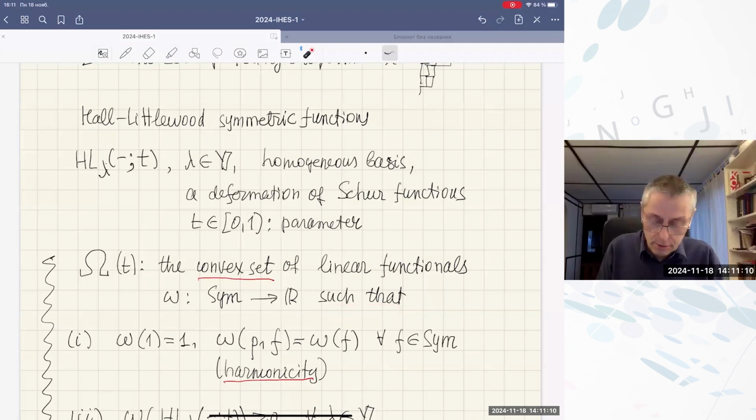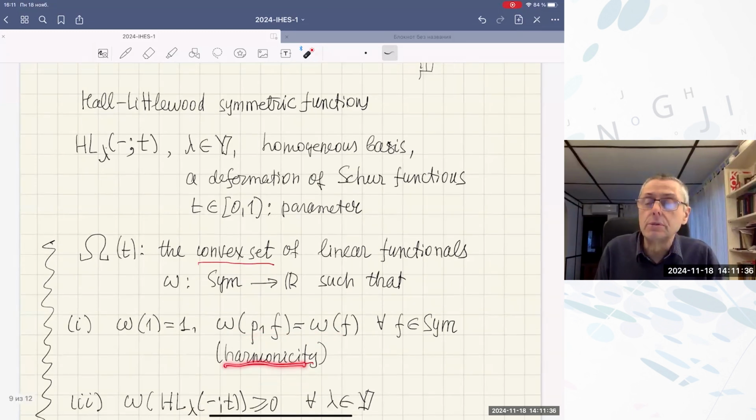satisfying two conditions. First, such a functional takes value 1 on the unit element. Next, it satisfies this relation, which means that multiplying the argument f by the simplest power sum function, we have this equality. Let me call this the harmonicity condition.